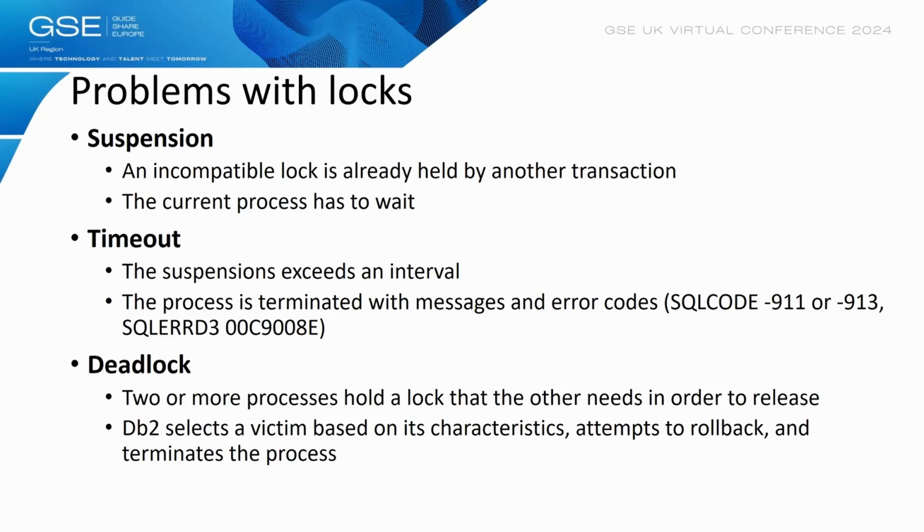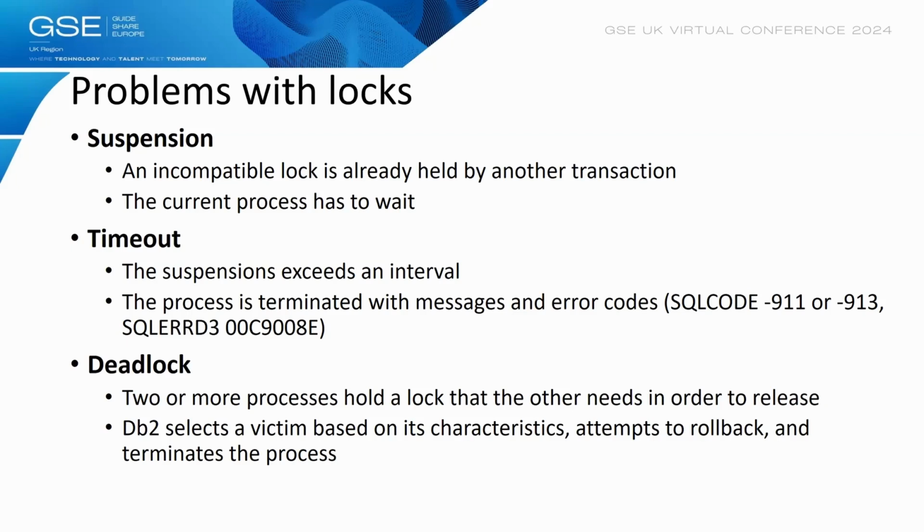So, and what can happen with this lock? So I have three items listed here. One of them is suspension, which means that if my transaction wants to acquire an incompatible lock, I need to wait, basically. Okay, and that's suspension. Timeout means that if I'm waiting for too long, then my process is terminated, and I get this SQL code -911, for example, and my transaction ends.